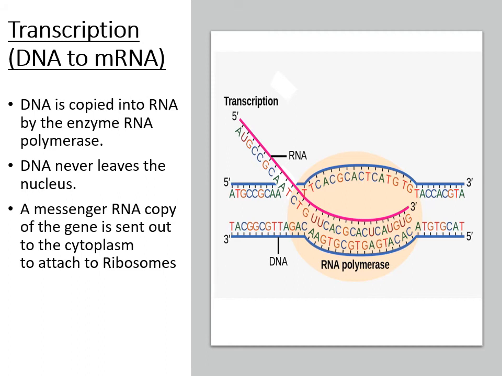Remember, the DNA never leaves the nucleus. It needs a messenger. And that messenger is the long strand or the short strand of messenger RNA that then goes into the cytoplasm to attach with ribosomes.